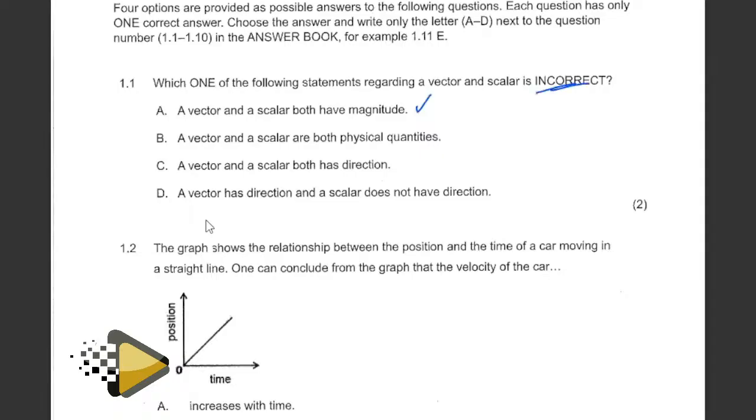Remember, we're looking for the incorrect one. B says a vector and a scalar both have physical quantities, which is also correct. Then C says a vector and a scalar both have direction. It's only the vector that has direction; scalar doesn't. So this statement is wrong. Vector has direction, scalar does not have direction. So C will be the best option.